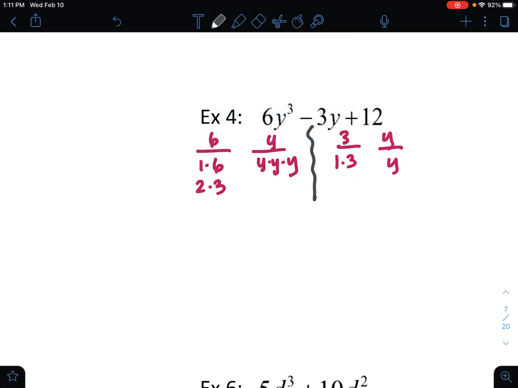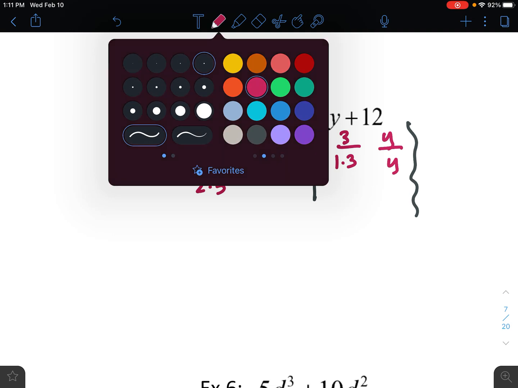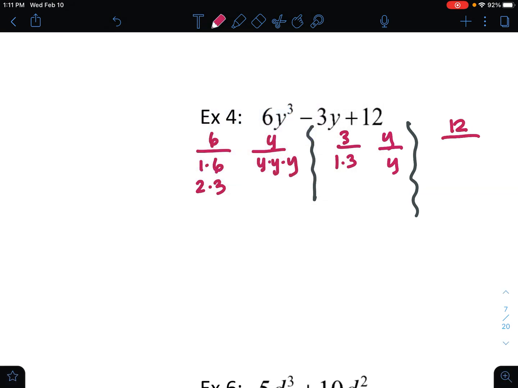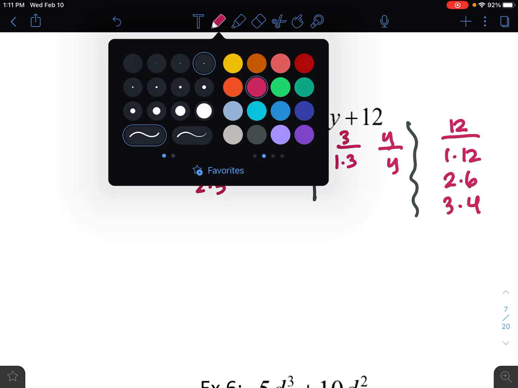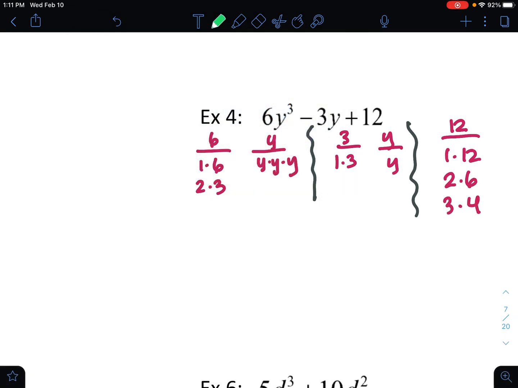And lastly, we've got 12. So 1 and 12, 2 and 6, 3 and 4. Okay, I usually start here with the fewest amount of factors. So between 1 and 3, do I have a 3 in the other groups? I do. So that means that 3 is the biggest number.